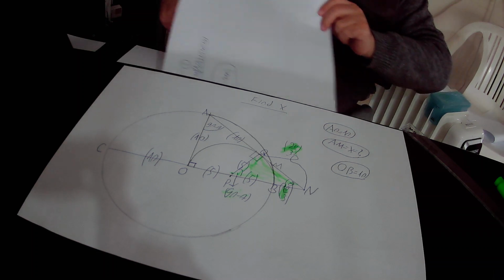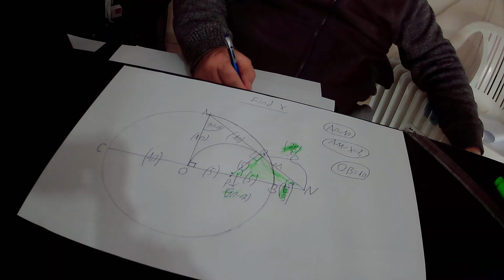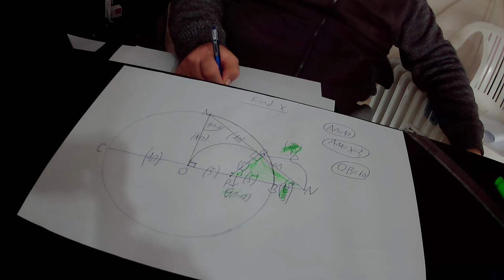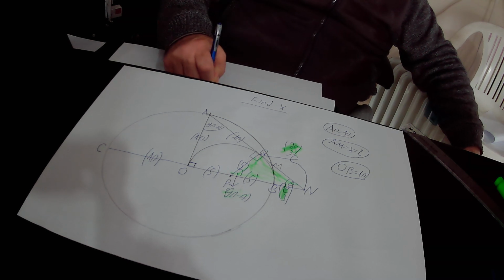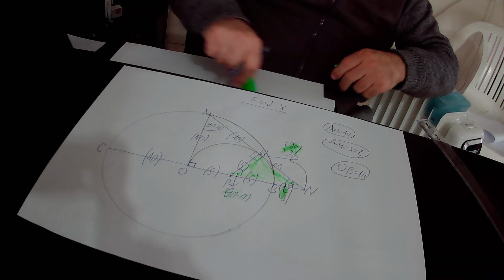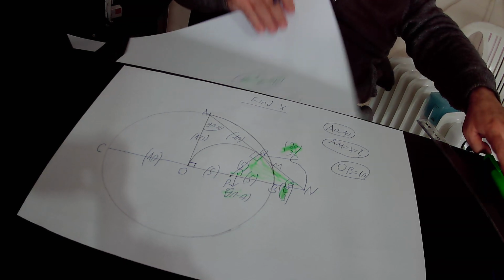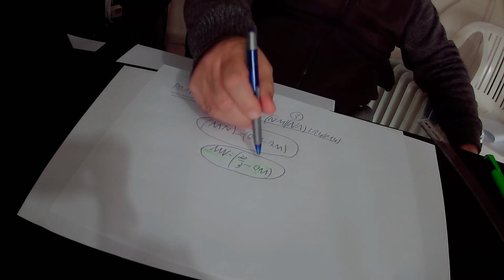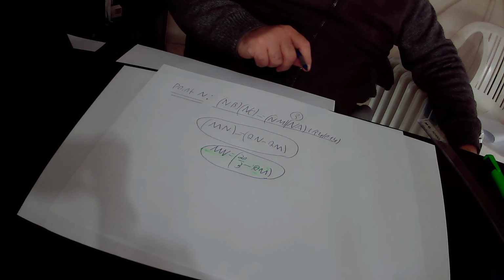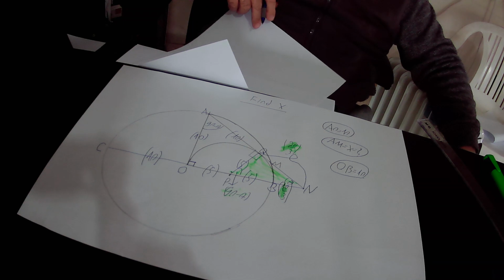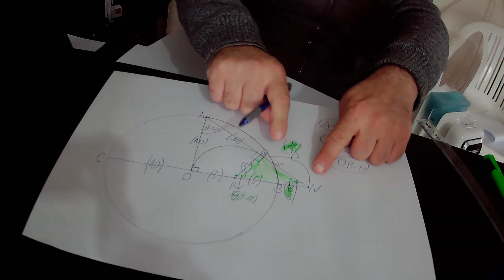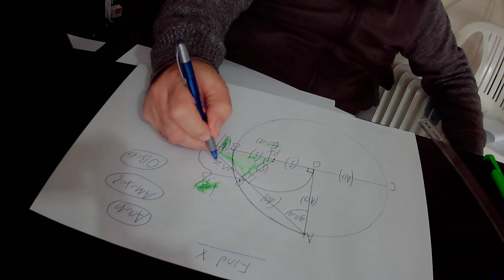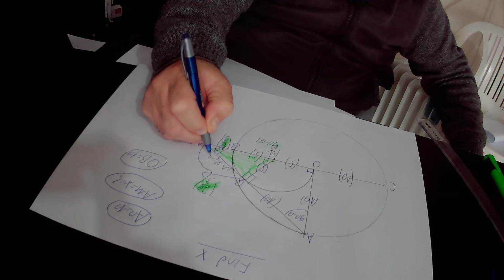QN is 20 over 3, minus QM. So in total we found that MN equals 20 over 3 minus QM. I can write down in the original drawing that this line segment MN equals 20 over 3 minus QM.